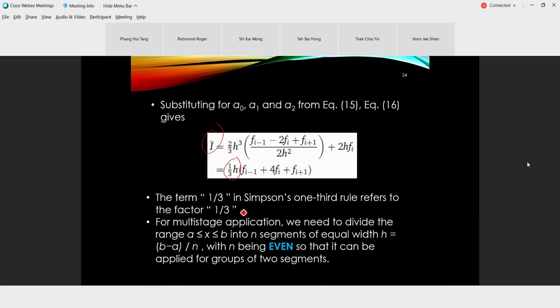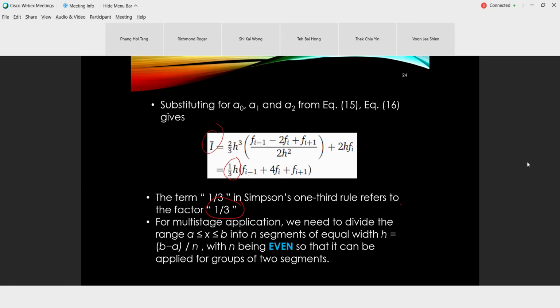The term 1/3 in Simpson 1/3 rule refers to the factor of 1/3 because it refers to 3 points that are calculated for. For multi-stage application, we need to divide the range A to B into n segments of equal width H equal to B minus A over N, with N being even so that it can apply for groups of 2 segments.